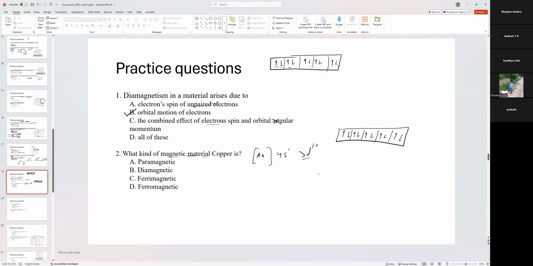Since you have all your 10 electrons, 1, 2, 3, 4, 5, 6, 7, 8, 9, 10, your d orbital is completely filled, so this is diamagnetic.